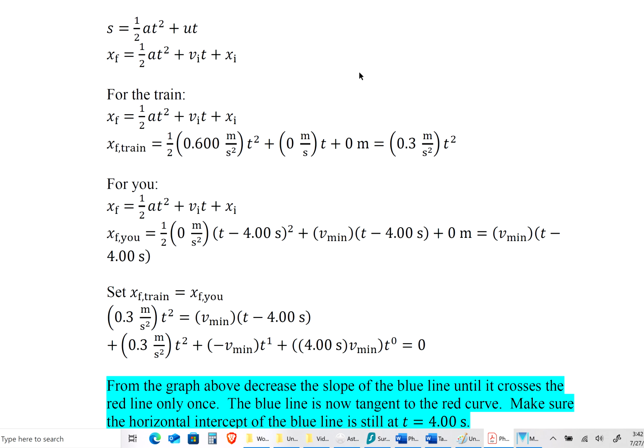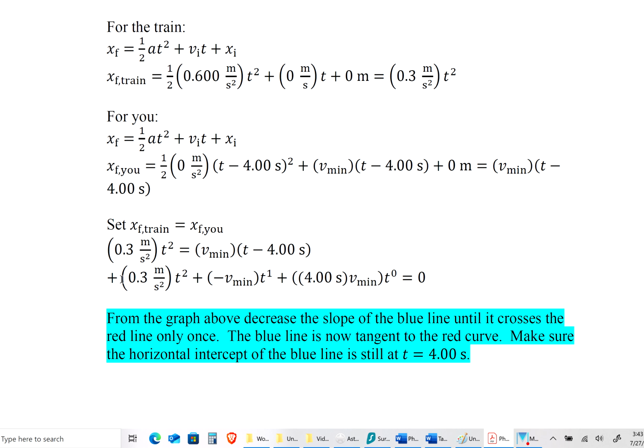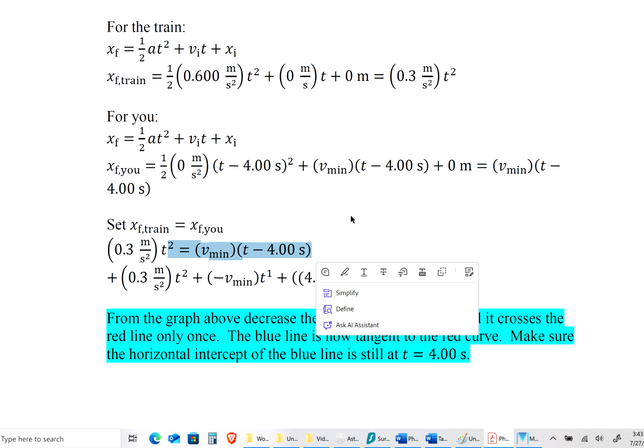And in the first part, we knew that the velocity was a number. But now we're just going to call this V minimum. So let's set the displacement of the train equal to the displacement of you. Displacement of the train on the left side, displacement of you on the right side.